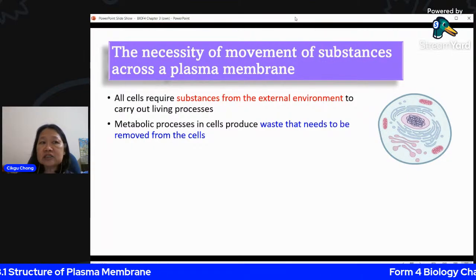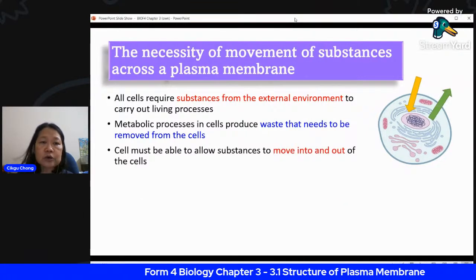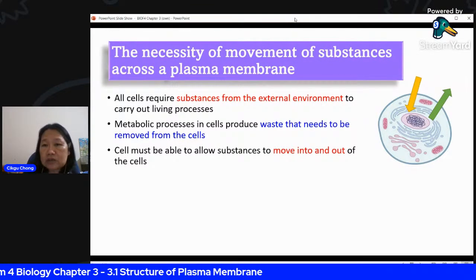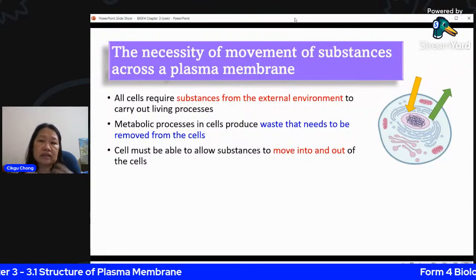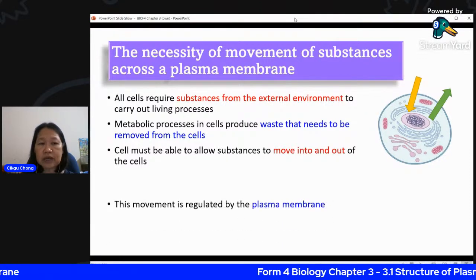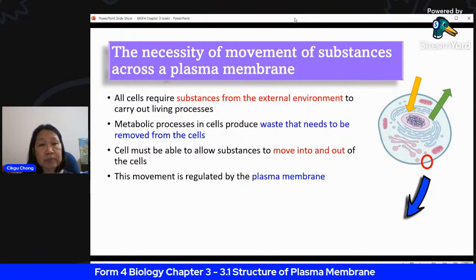So it has to move out, and the only place to move out is through the plasma membrane. So the cell must be able to allow substances to move in and out, so it can get what the cell wants, and the cell can also remove what the cell does not want. This movement is regulated or controlled by the plasma membrane.